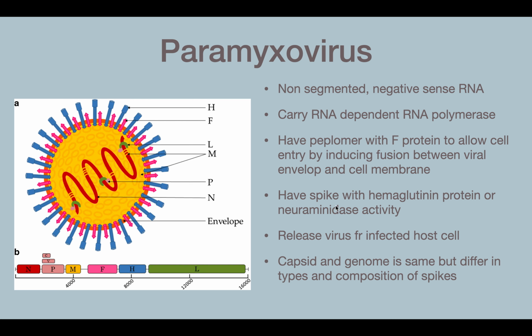There are usually some spikes with hemagglutinin protein or neuraminidase protein, so those are going to help to release the virus from the infected host cell. The capsid and the genome can be the same but different in the types and the composition of spikes, thanks to things like recombination and reassortment, all of the ways that viruses evade the host immune system.